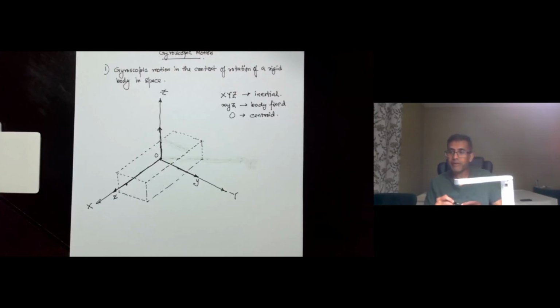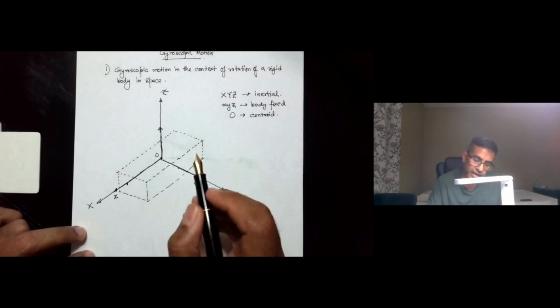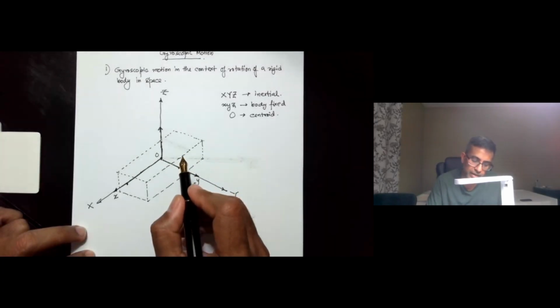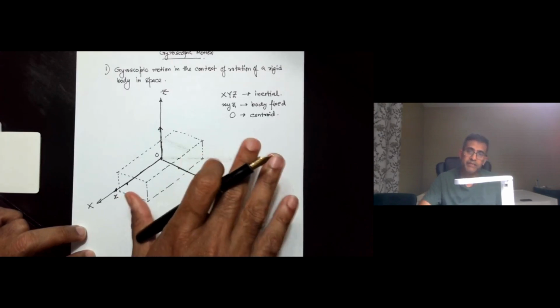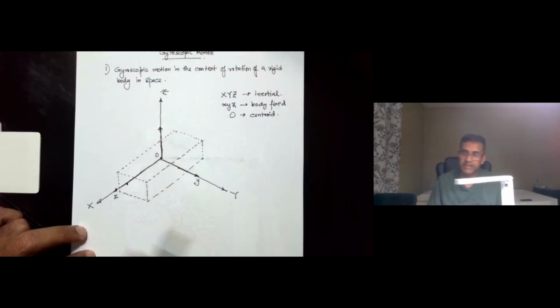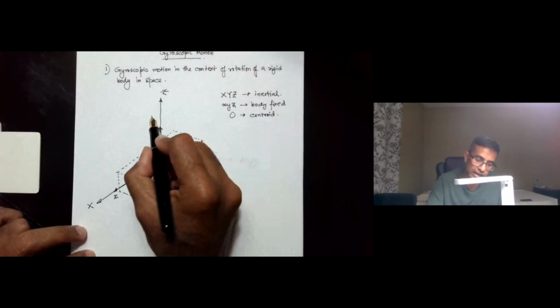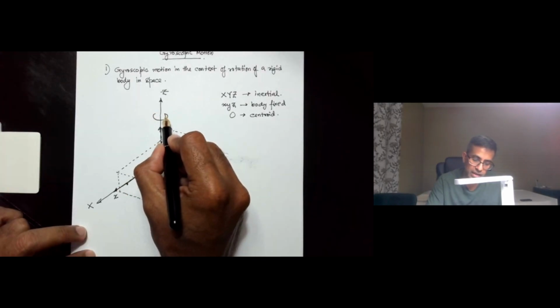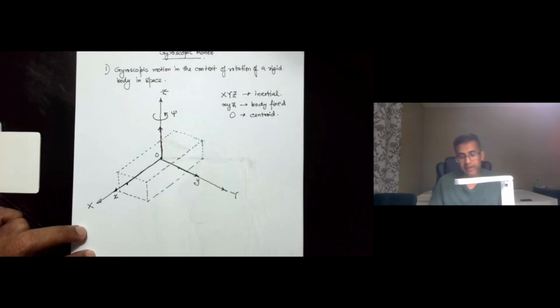Now, let us say that initially the rigid body is given a rotation about the z-axis, and let's say that rotation is by an angle psi.